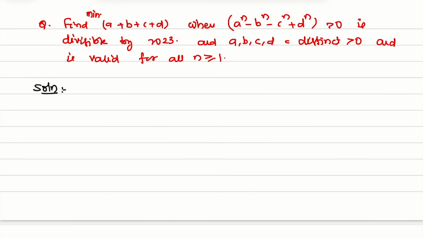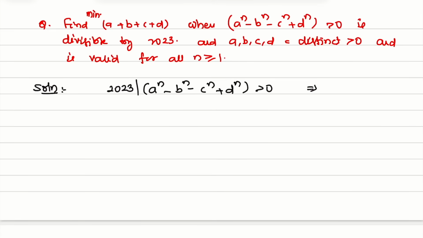Here what is given, it's a very good question. Please try to understand what is given here. 2023 divides a to the power of n minus b to the power of n minus c to the power of n plus d to the power of n greater than 0.